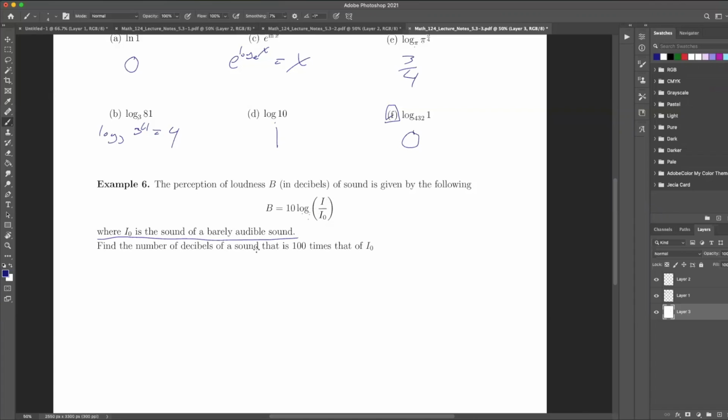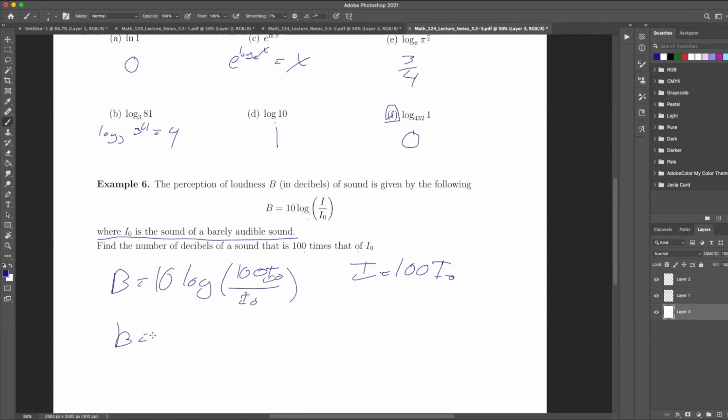So find this if it were 100 times that. We're going to just crunch through this real quick, and then I'll bring up what I'm really talking about. So here we have 10 log, and I equals 100 times I naught. I'll just plug that in, so I'll have 100 I naught over I naught.